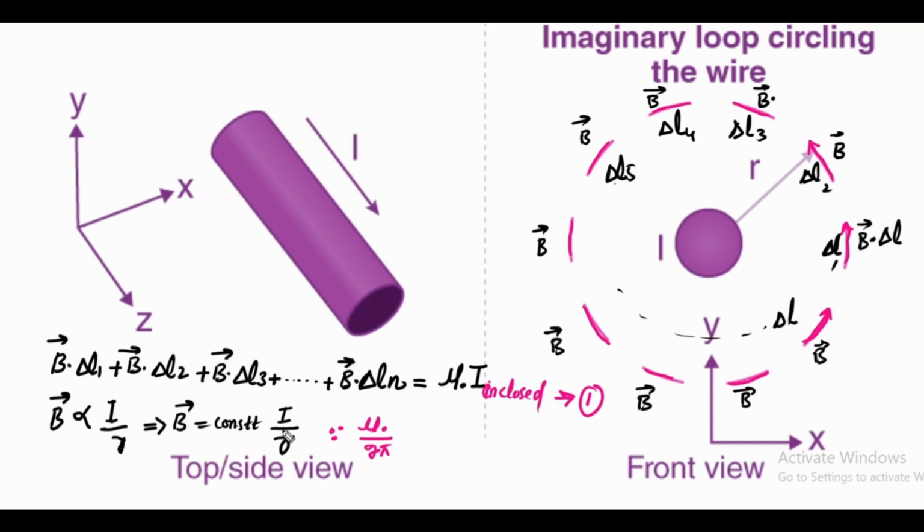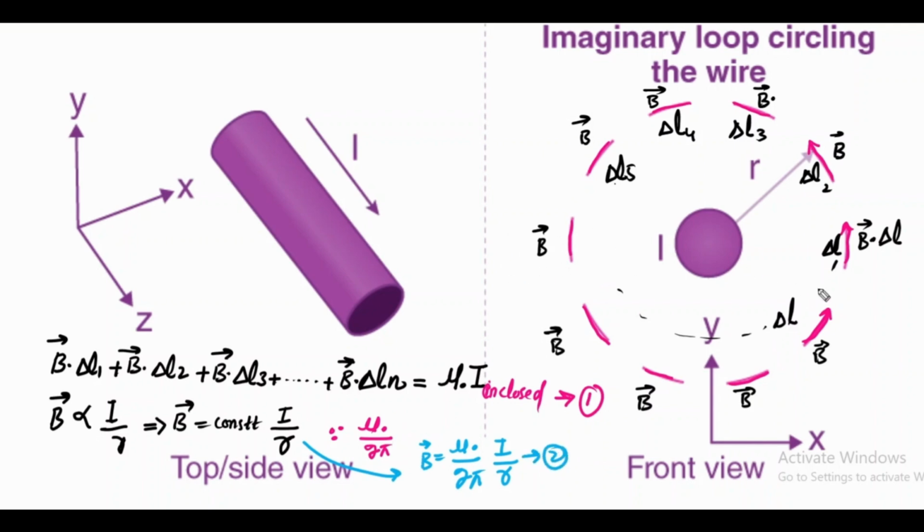Then this equation becomes B is equal to mu naught by 2 pi times I divided by R. This is equation 2.